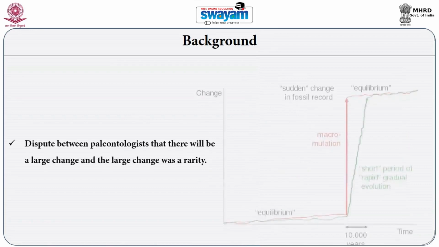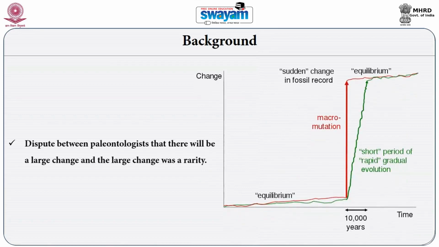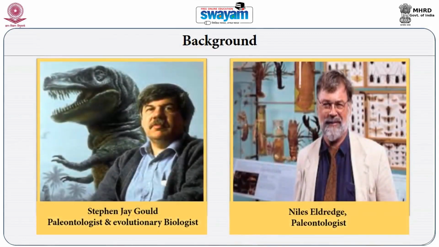There was a dispute among paleontologists, where some proposed that there will be a large change, and some said that large change was a rarity. So at this juncture, paleontologists Stephen Jay Gould and Niles Eldredge came up with an innovative concept.